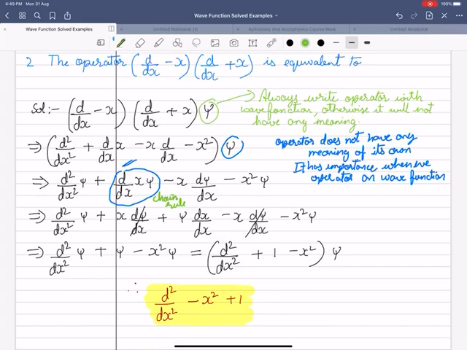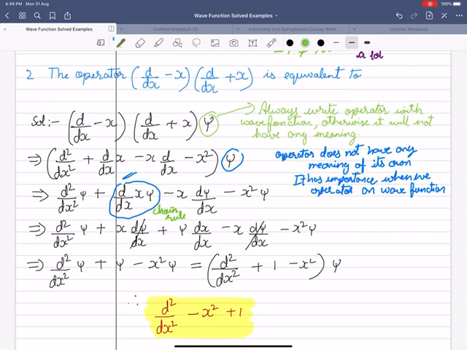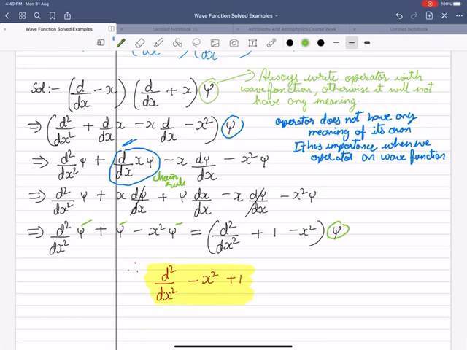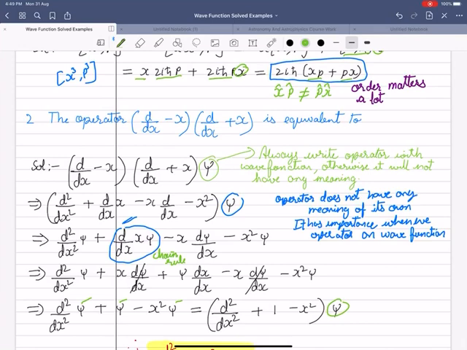Technically, when I take psi common from here, the psi cannot cancel each other, but what we have done is equate these two equations, and we get d square upon dx square minus x square plus 1, and this is your final answer.